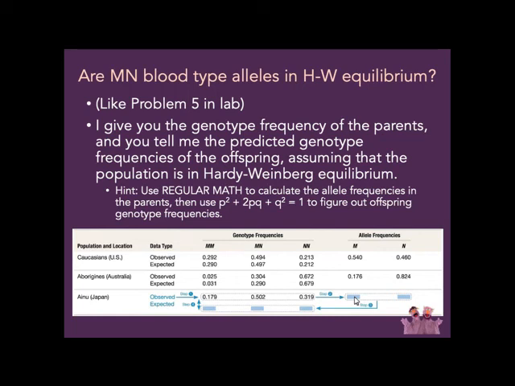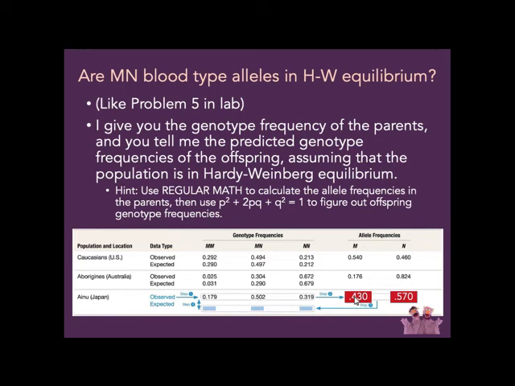If you did that, you'd get a frequency of M of 0.430 and a frequency of N of 0.570. Great. And we didn't use any Hardy-Weinberg to figure those out. That's just a regular math problem.